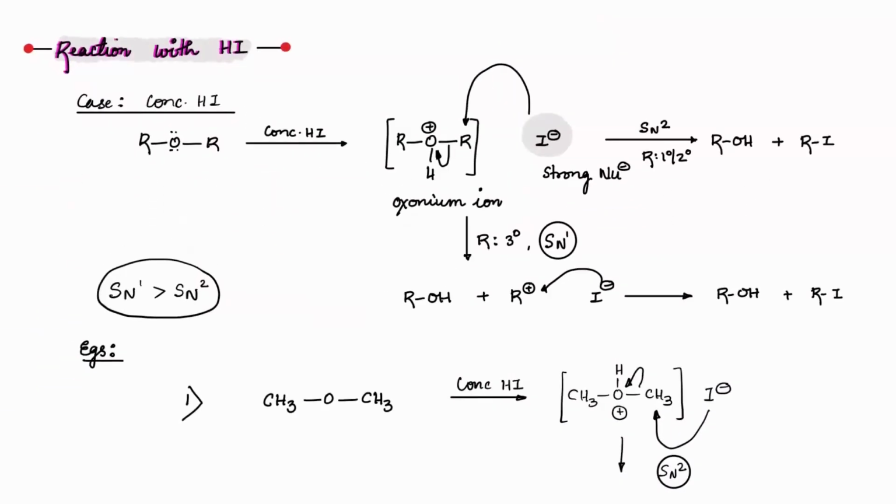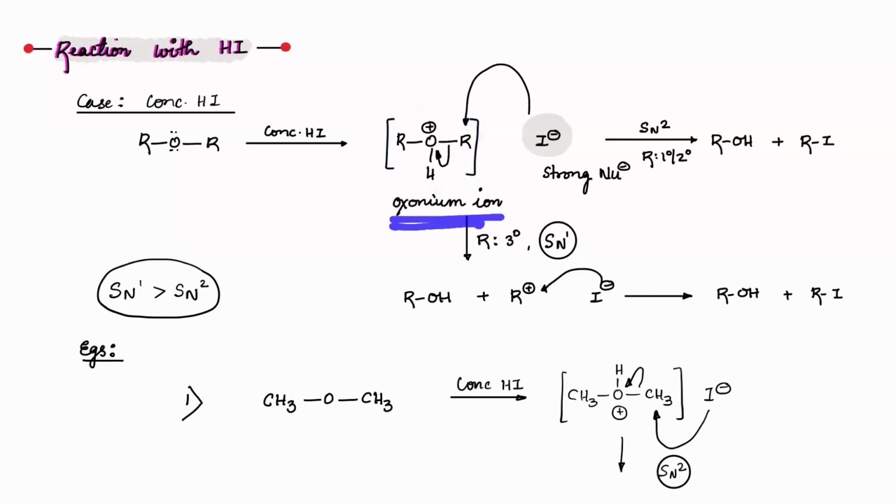Now let's see how the reactions usually happen with HI. If you take concentrated HI, there are two cases we usually do. One is with cold conditions, the other one is with hot conditions. If you take ethers and react with concentrated HI, protonation is the first step.